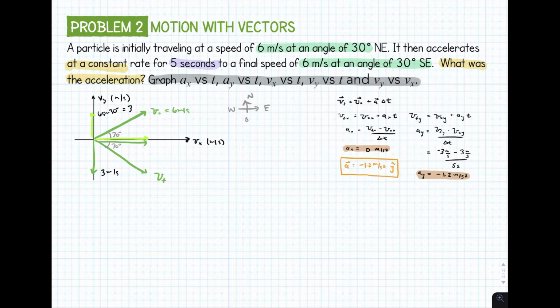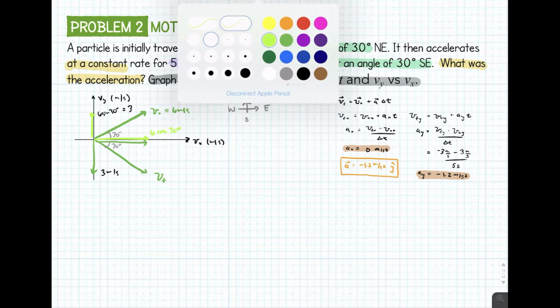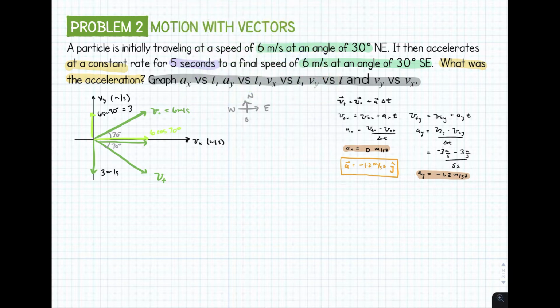And the other thing we want to do is, you can see this would be 6 cosine of 30 degrees, which should give us, both of these should give us 5.2 meters per second.